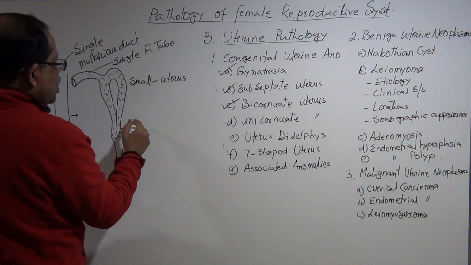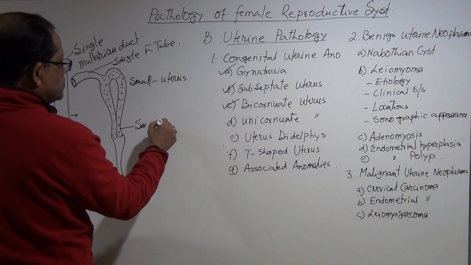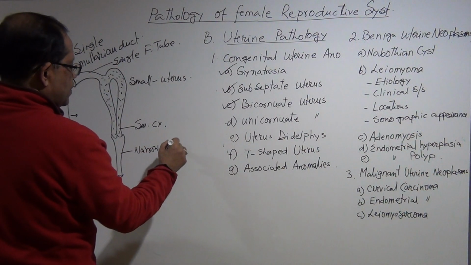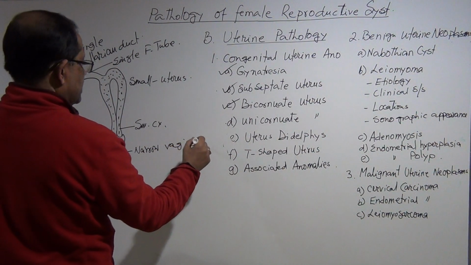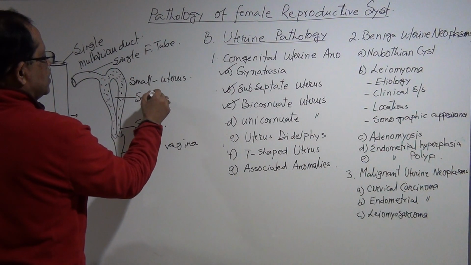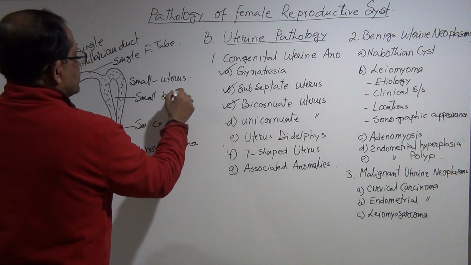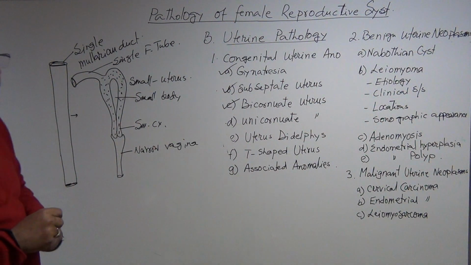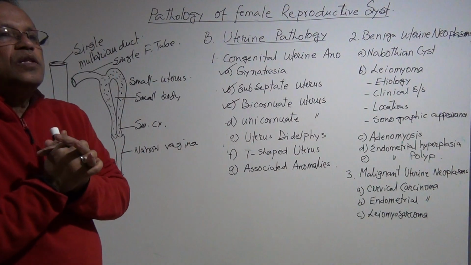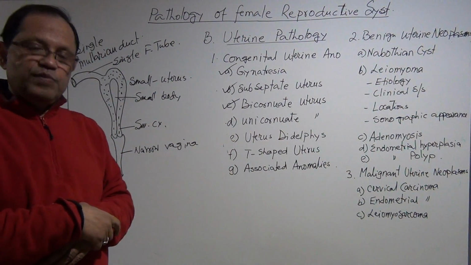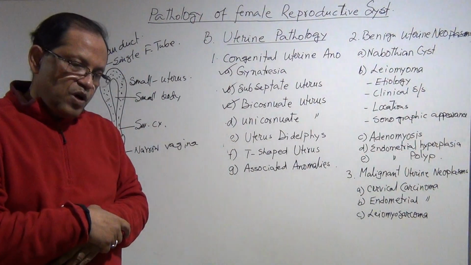Then you will see a small cervix and a narrow vagina, and the body capacity is smaller. So as a result, the accommodation will be small, the baby will be small for gestational age, or miscarriage. Most of the time it ends in miscarriage, pregnancy is not possible.